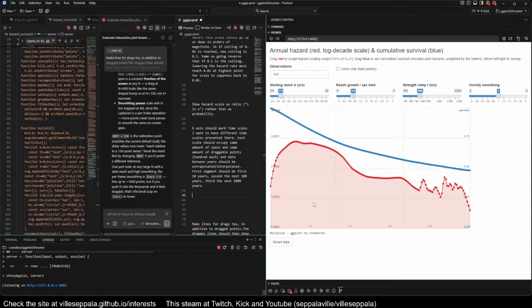We could also have, maybe I'm not going to ask this right away, but just make a note that we could have a linear time scale under this.